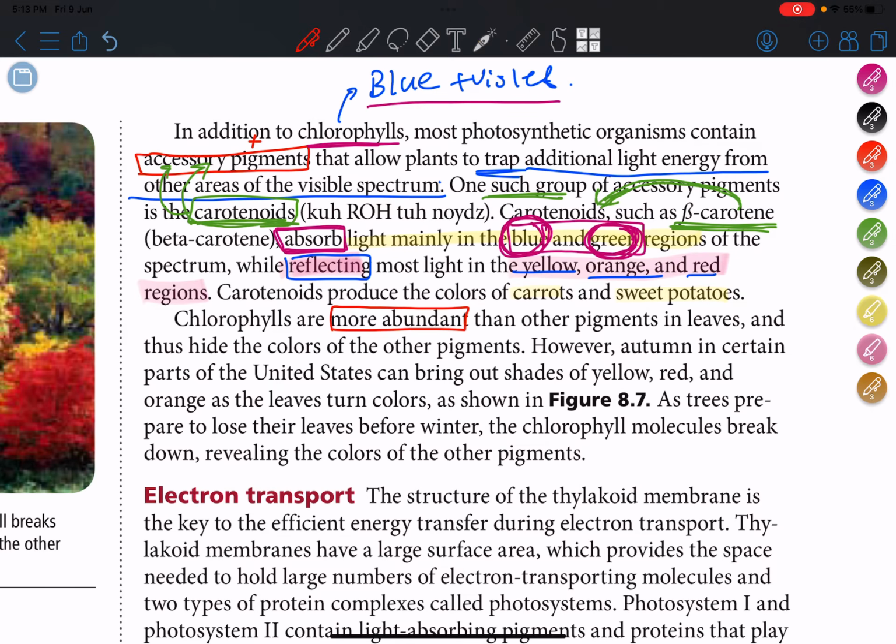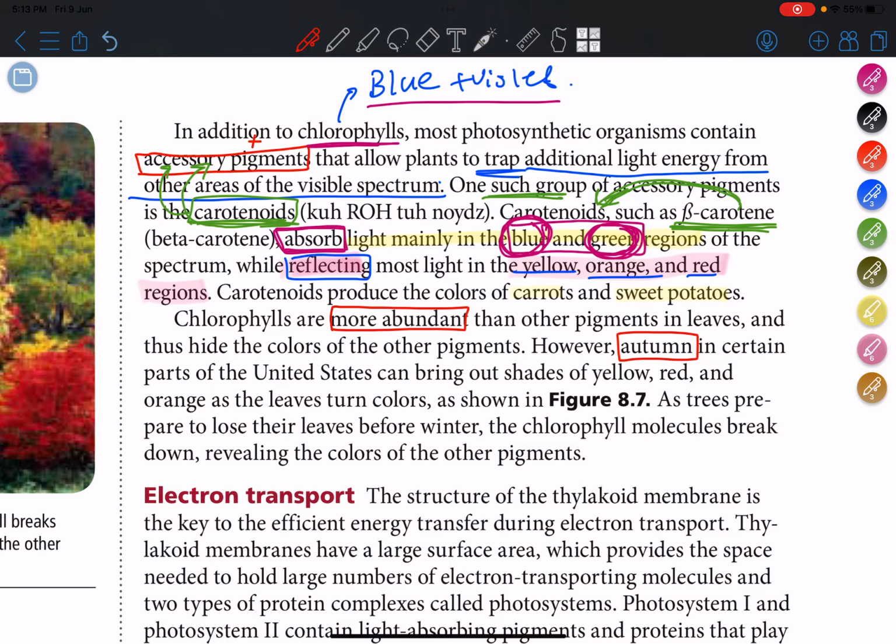Since I have chlorophyll more than the other pigments, chlorophyll overtakes them. Since I have a very large amount of chlorophyll, it covers the other pigments. That is why we see the plants or the leaves as green, because I have chlorophyll in a large amount, so it covers the other colors.